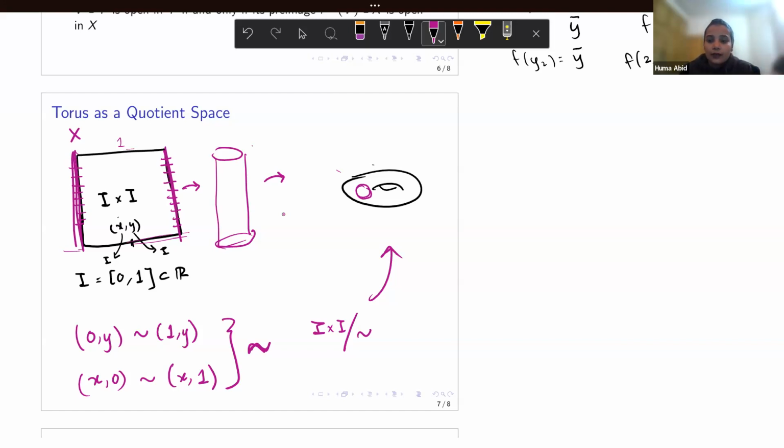But again, you need to remember that this is not like going from one set in R square to another set in R square. The spaces could be very abstract, and the operations could be very abstract. Basically, you're going from points to their equivalence classes.